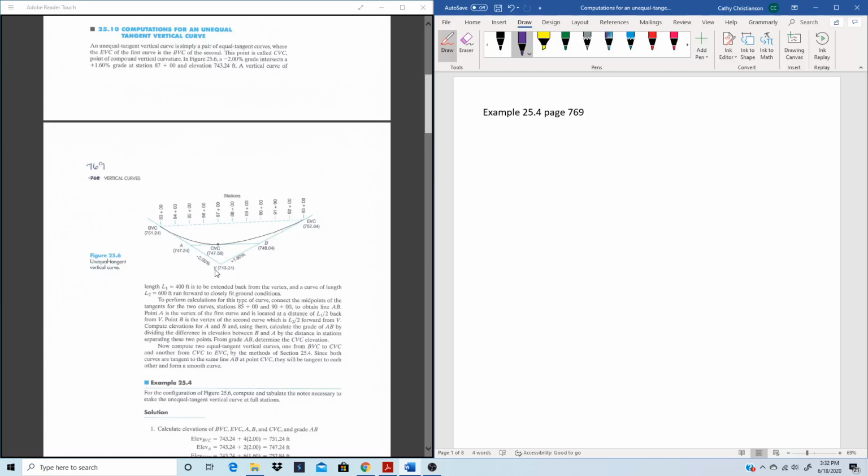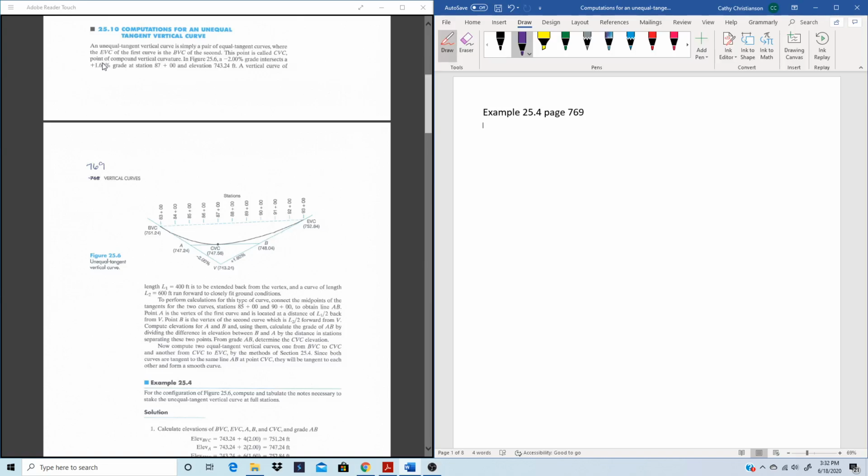So if you'll see, it doesn't look like it quite lines up in the book, but they're supposed to be right above it. So in other words, your CVC station will be above or below the V, depending on if it's a sag curve or a crest curve. So this one's a sag. So that's called a CVC.